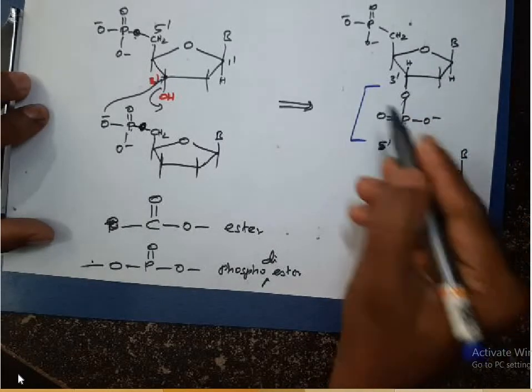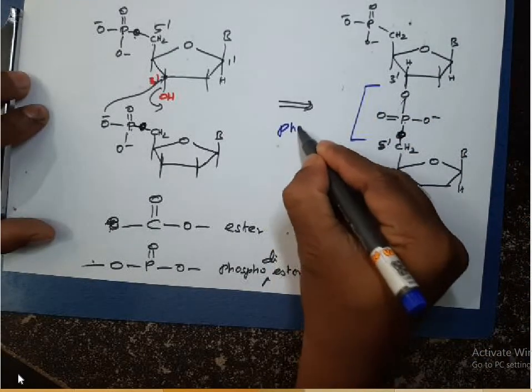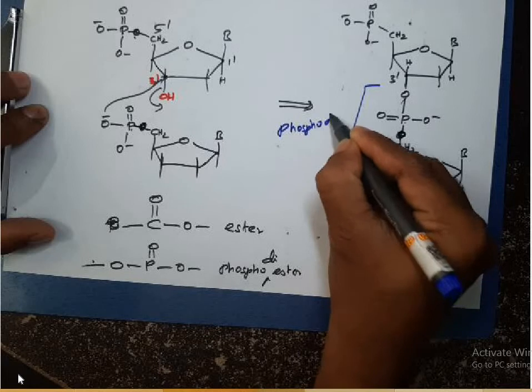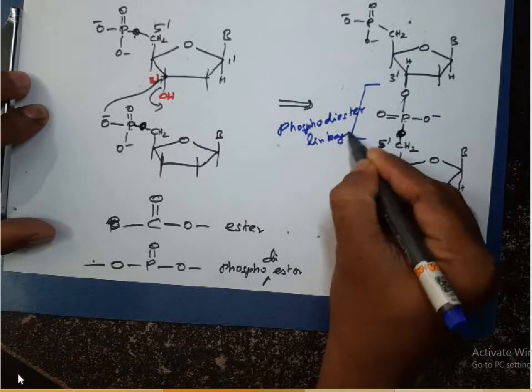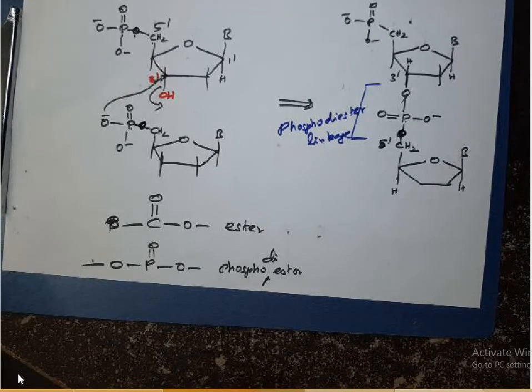This is called phosphodiester linkage. Students, observe carefully. In nucleic acid, one nucleotide and the adjacent nucleotide are joined together through phosphodiester linkage. Very, very important.